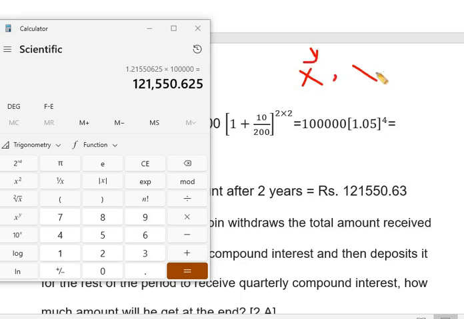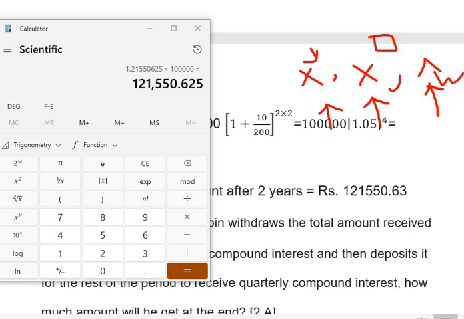Now some calculators may have it like this also. Some calculators have this sign, which is the caret sign. These all have the same function. X power y, or such a sign known as caret.